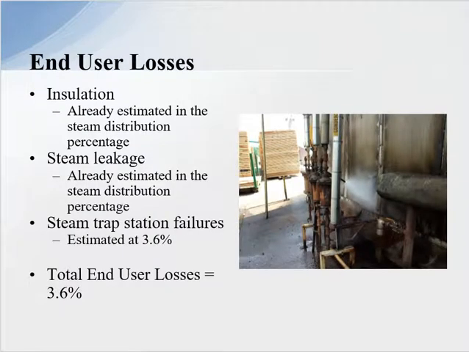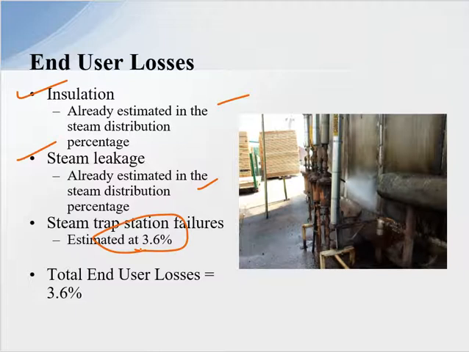So let's take a review of the end user losses. The insulation, we've already estimated that in the steam distribution, so we're not going to add another percentage for that. Steam leakage, we already did that in the steam distribution, and we're not going to add any more percentage. Steam trap station failures are estimated at 3.6% of the energy that we put into the boiler is going to be lost to atmosphere.